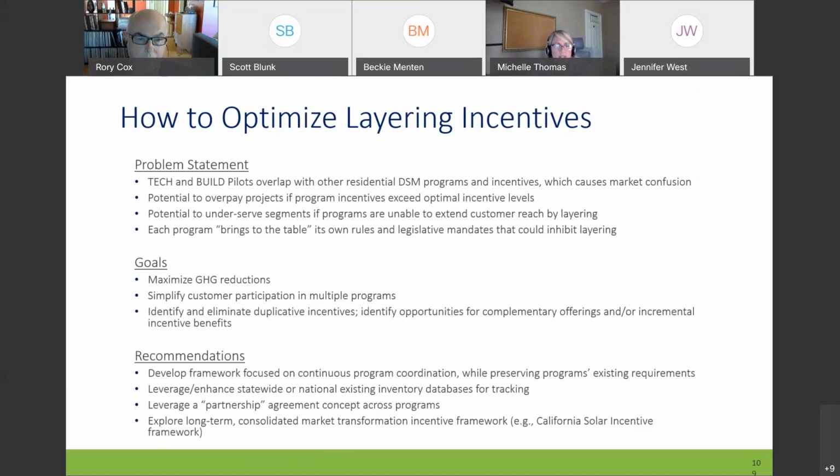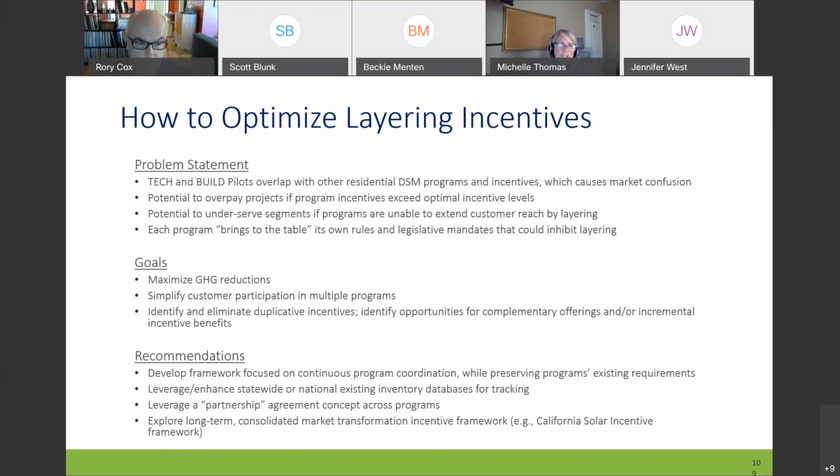And then remembering that each program brings to the table its own specific rules. I think we've touched on EE rules tend to complicate the process. So just keeping in mind that, through various legislative mandates and regulatory rules, it makes it a little bit more difficult to layer those incentives.